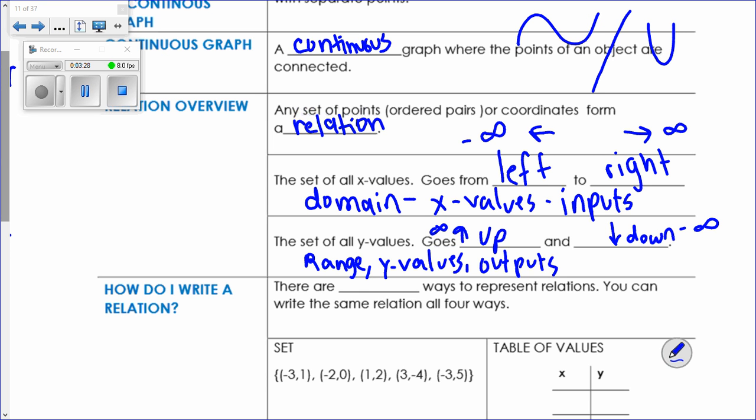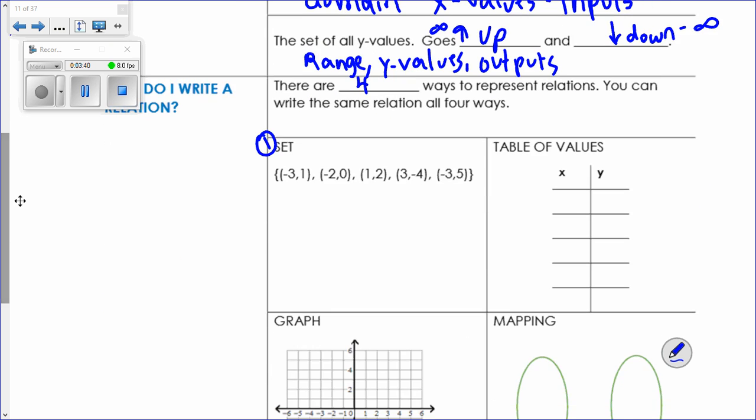There are 4 ways to write relations. This is way number 1. You can write them as a set of ordered pairs. We can label the ordered pairs: an x and a y, x and y, and so on. It's very easy to distinguish the domain.